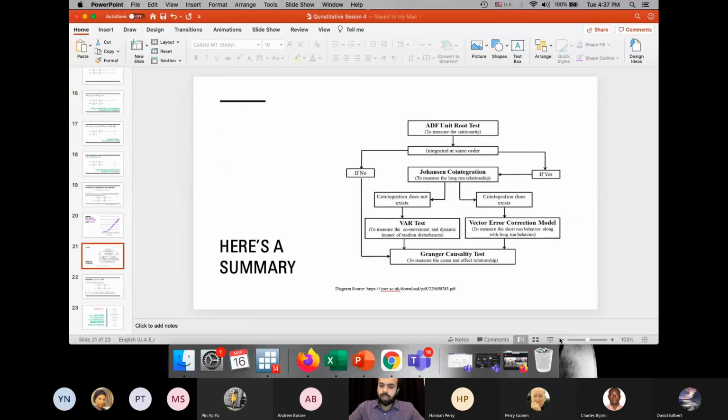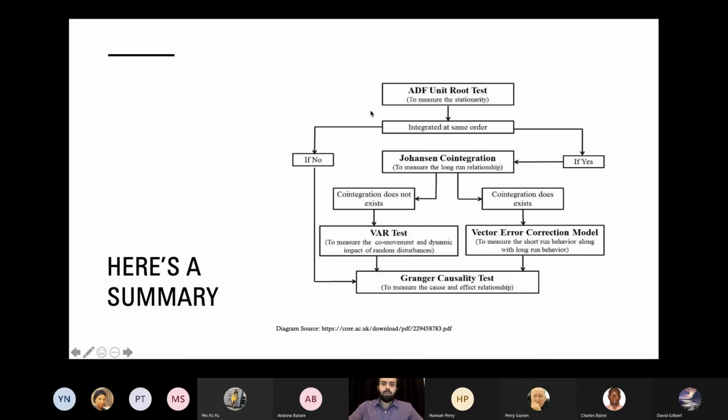So what we have done today here is a summary. When we have multivariate time series, we conduct unit root tests to measure stationarity. We explained what unit root tests were in the last session, and we have used these unit root tests to find out if the series are stationary.